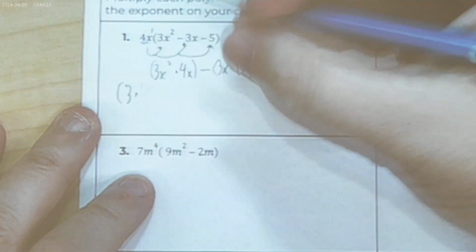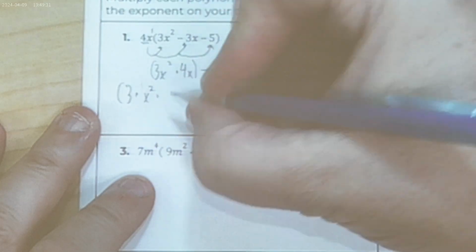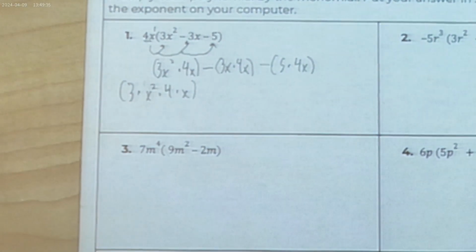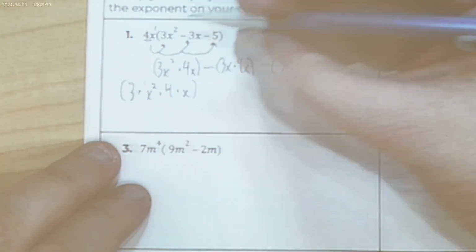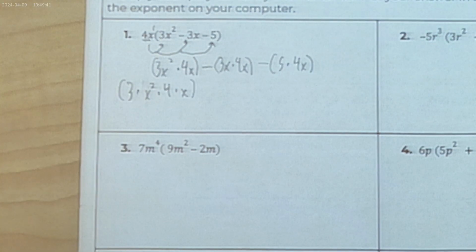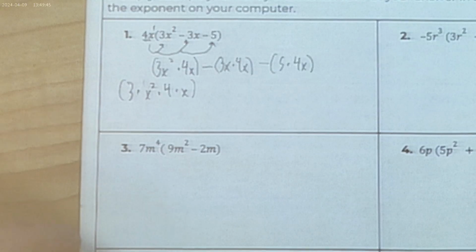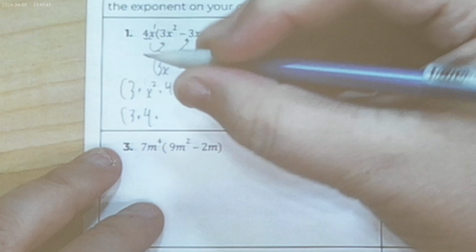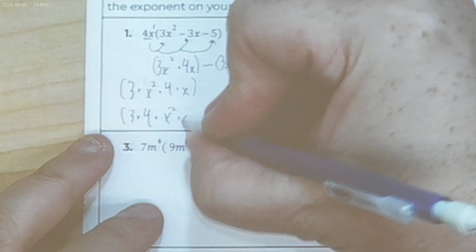It is 3 times x squared times 4 times x. And because of that, I can group all the like terms together in order to make the multiplication easier. It gives me 3 times 4 times x squared times x.